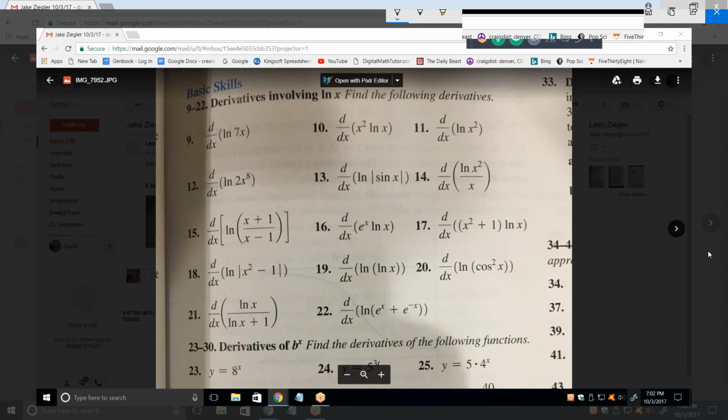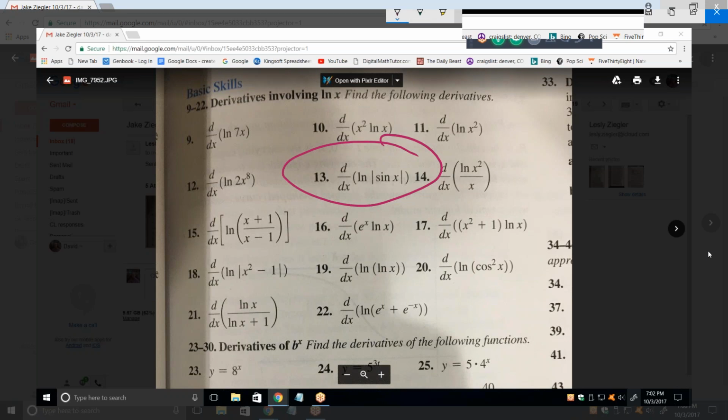Now, this one. Do you have answers on this? Please have an answer for this one. Tell me what it is. I have no idea how to do that one. Well, if you have an answer, I'll be able to tell you. Can you look in the back of the book for the odd ones? I don't have it on me right now.